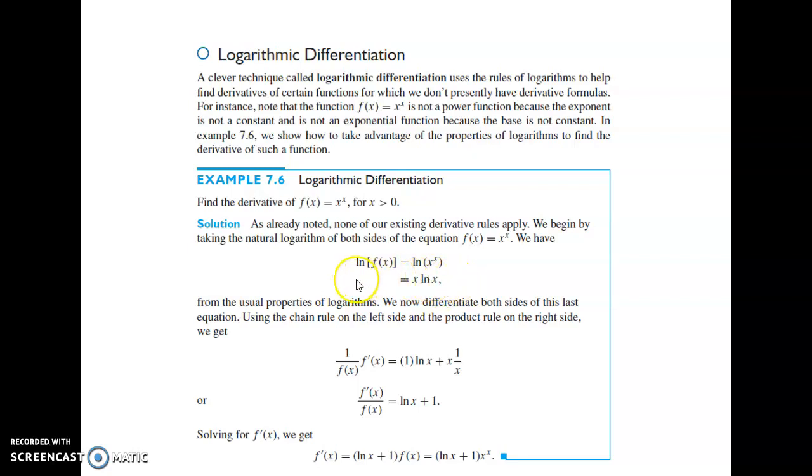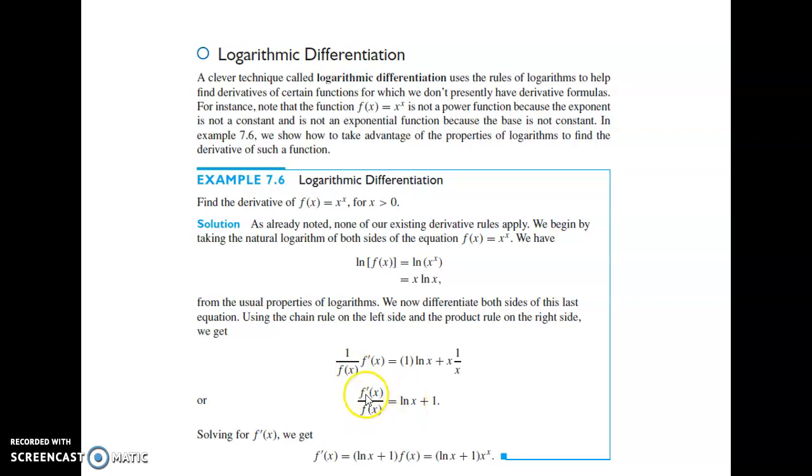Then I find the derivative on both sides. Here I will use the chain rule. What is the derivative of ln? 1 upon f(x). What is the derivative of the inside one? f'(x). For this I will use the product rule because there are two functions here. So ln x as it is, the derivative of x is 1, plus I reverse it. So x cancels, and you have this. So f'(x) divided by f(x).